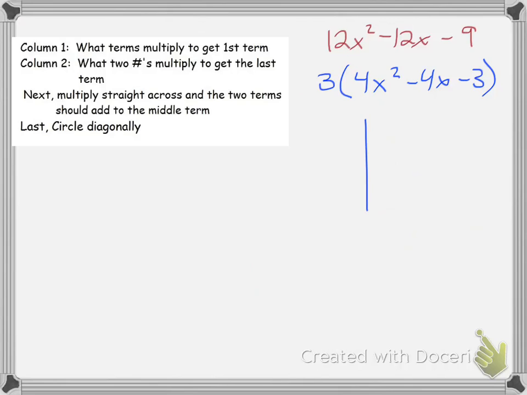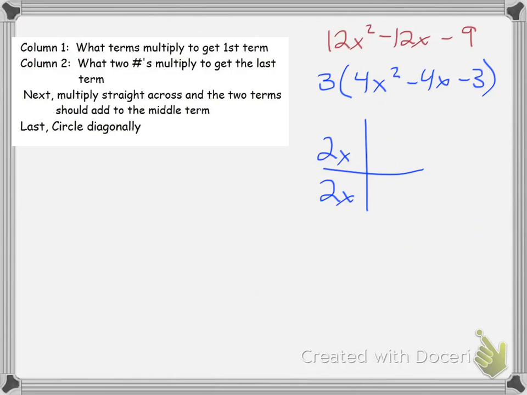And when I start the T-chart, my options here are 2 and 2, 2x times 2x, or 4x times 1x. I always start with the two that are closer together because more times than not, those are the two that are correct. So 2x times 2x.